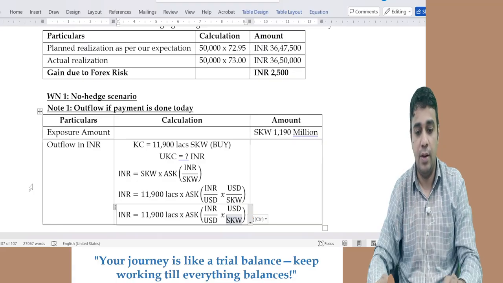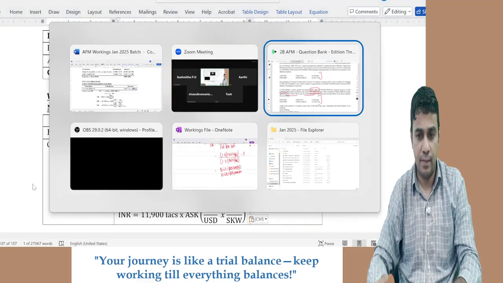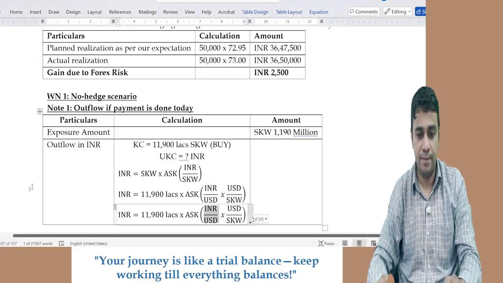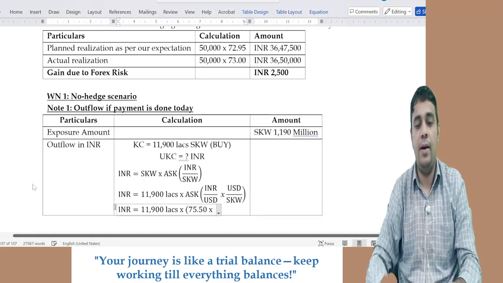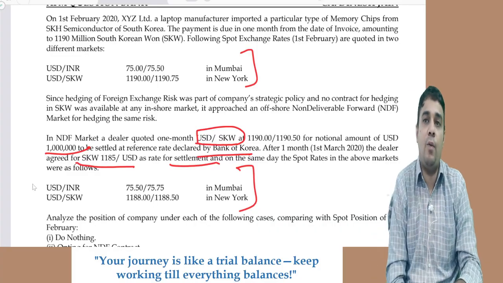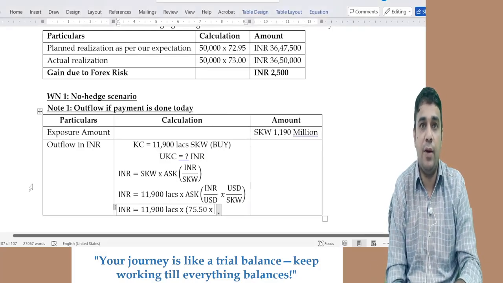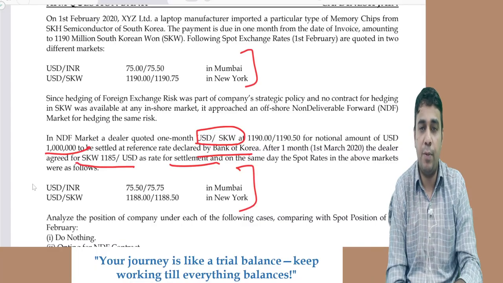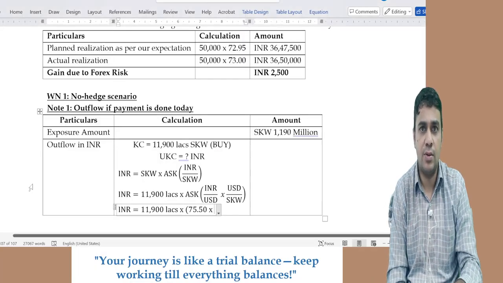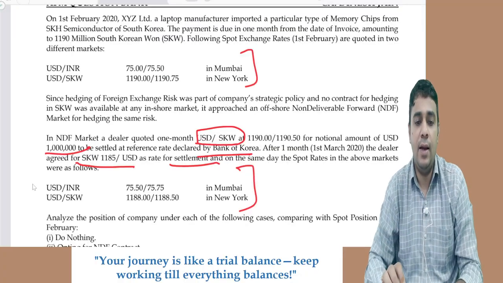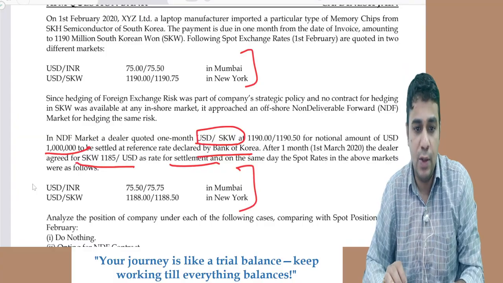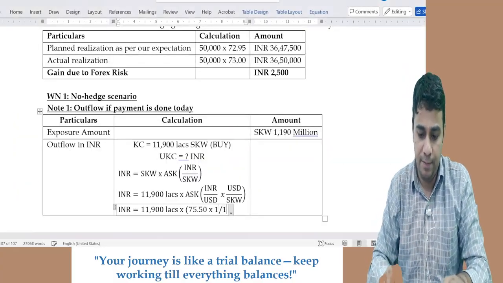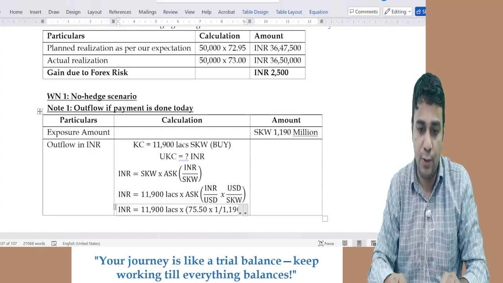Give me the ask INR per USD. 70 and 1 by bid rate, 1 by bid rate 75.5. Any doubts on 75.5? Okay, and I need USD per SKW. What I have is SKW per USD, so 1 by bid, 1 divided by 1190.